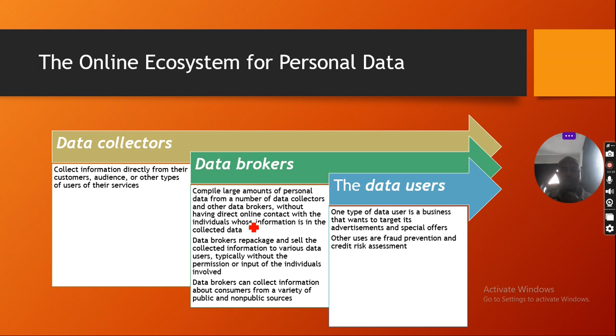And then they sell this data. The data brokers repackage and sell the collected information to various data users, typically without the permission or input of the individuals whose data were collected. The data brokers can also collect information about consumers from a variety of public and non-public sources. This is what they do.